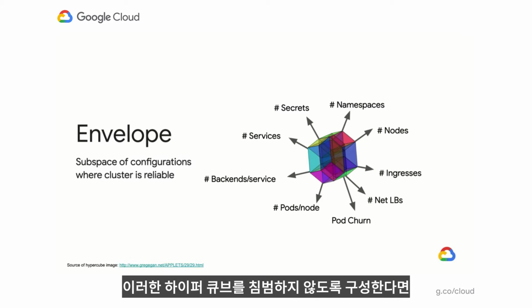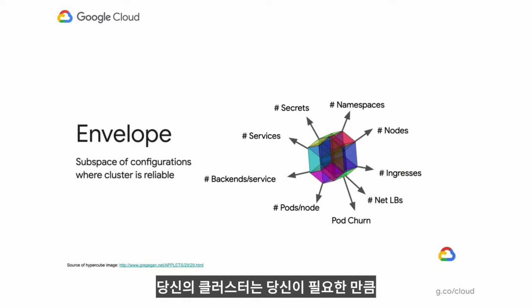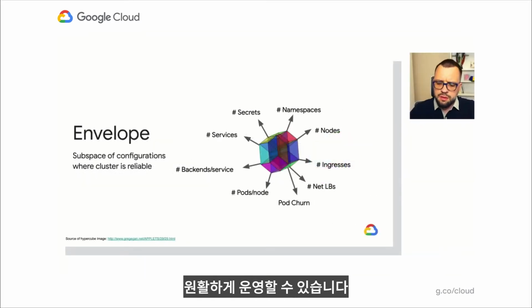And on all of those dimensions, there will be an envelope that wraps all of the acceptable configurations, where if you don't break those limits and don't go beyond that envelope, you will be able to say that your cluster scales, so it can use the resources that you need, and it gives a healthy service to your users.